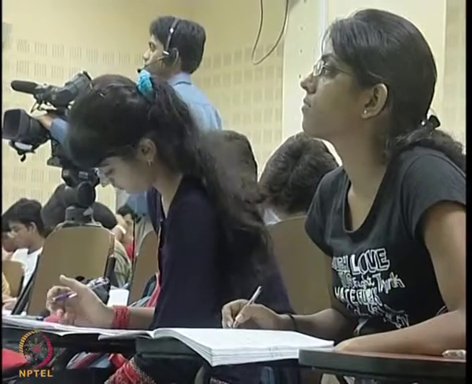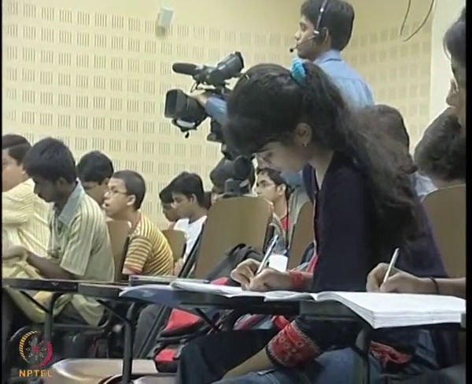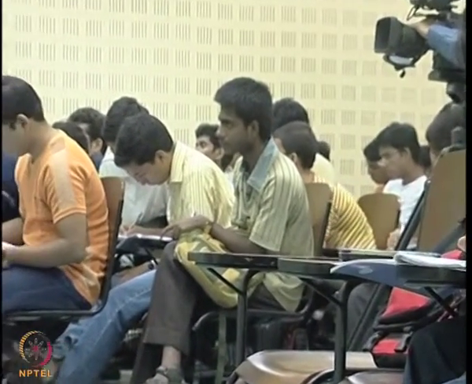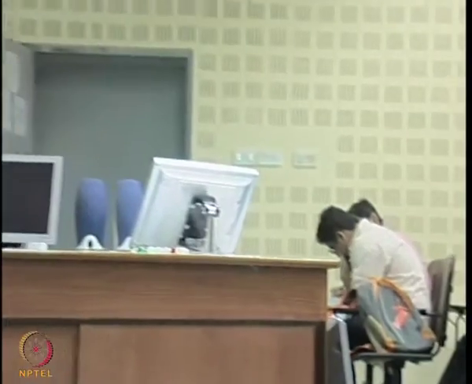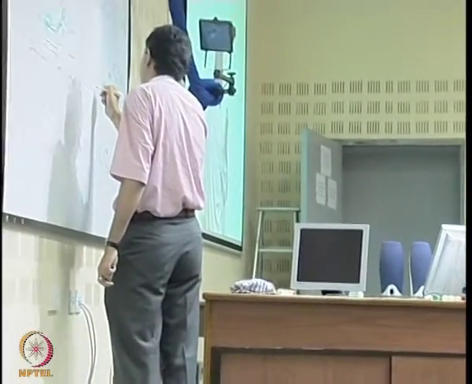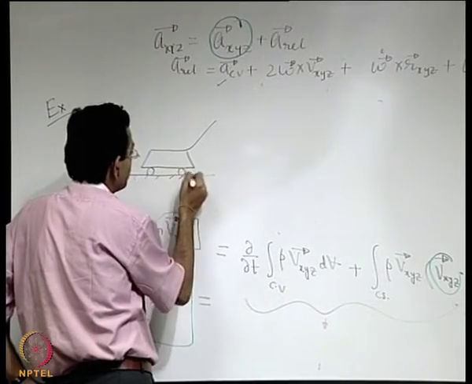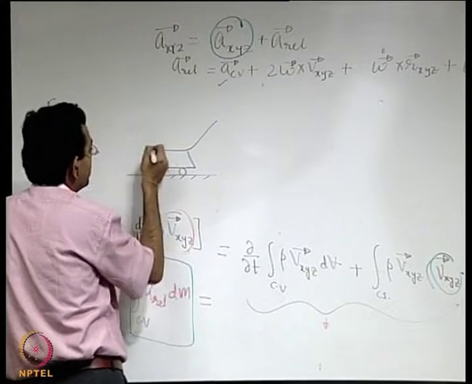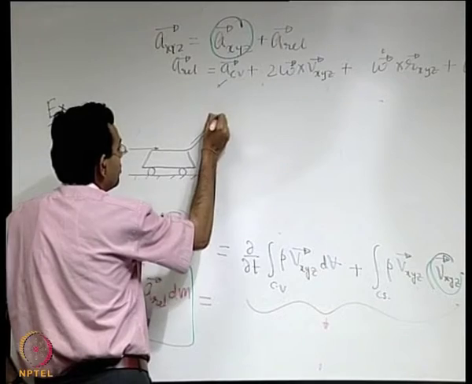Let us start with a problem of a similar type which we attempted in the previous lecture. So, you have a cart like this, on a frictionless ground, and there is a water jet which comes on it and which leaves the cart.